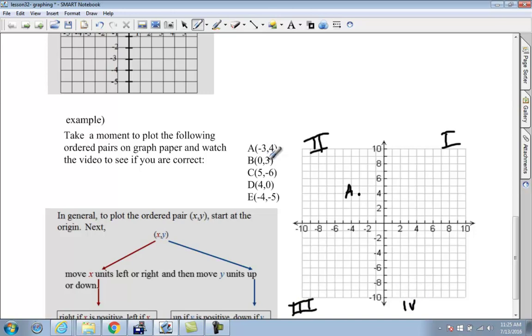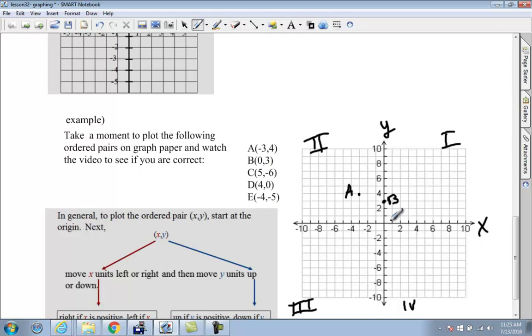Okay? 0, 3, where does that land? Well, that lands right on the y-axis. There's our y-axis, there's our x-axis. So 0, 3, 1, 2, 3, that just means up 3. Okay, and I'm just going to write B. That way when you're checking your solutions, you'll see if you agree with me.